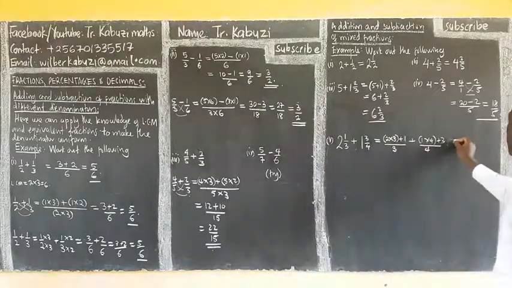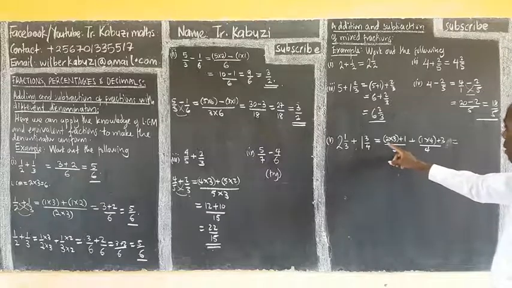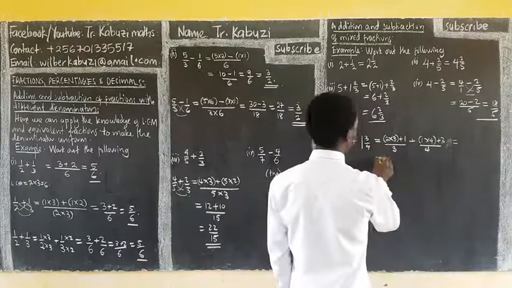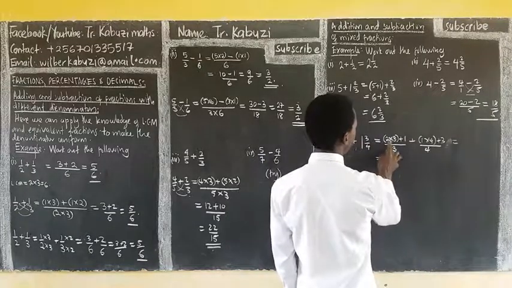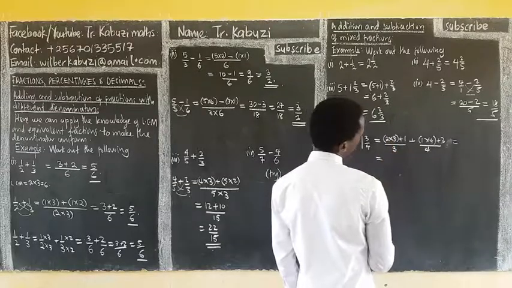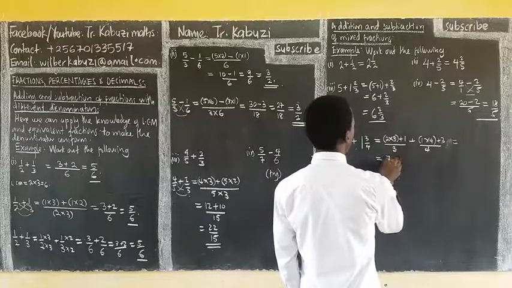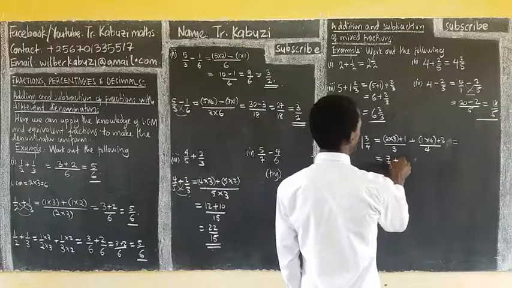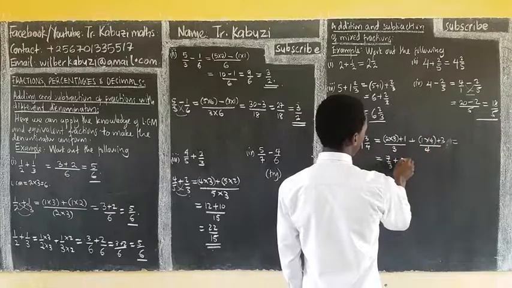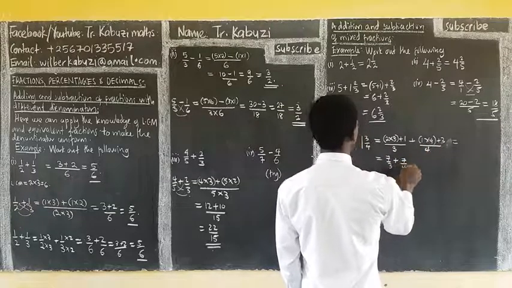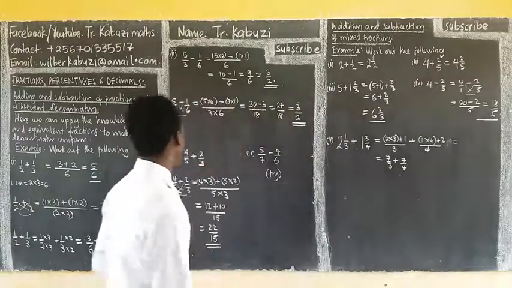When you simplify, this one is going to give us 6 plus 1, that is 7 over 3, then plus 7 over 4, and then we come back to this idea.